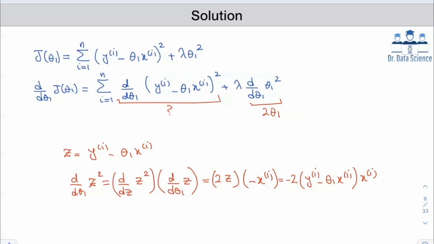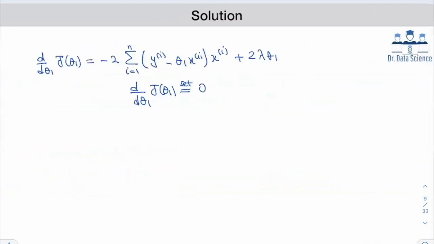And we can simplify this. So we have -1 times 2, which gives us -2, times (yi minus theta 1 xi). And remember, we also have this extra xi that we have here. So this means that now we have found the derivative of the objective function with respect to theta 1. Let's put everything together.